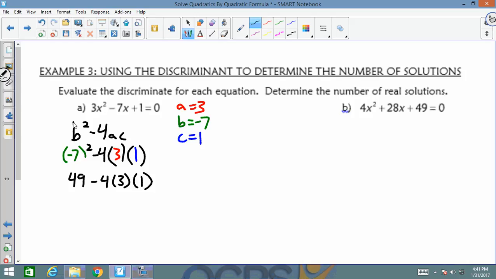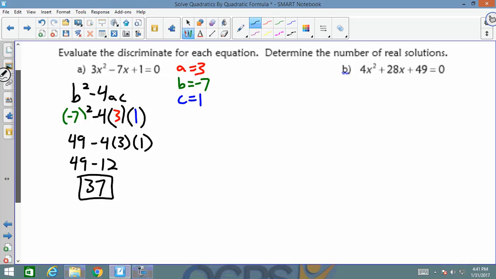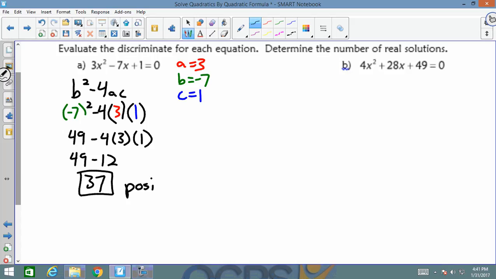And 4 times 3 times 1 is 12. 49 minus 12 is 37. So since our answer was positive, that means we have 2 real solutions. And that goes off that chart we wrote at the very, very beginning slide. Alright, let's try another one.